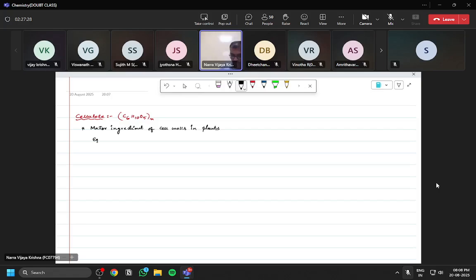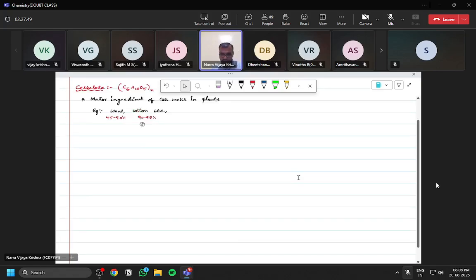Examples: wood, cotton, etc. Wood is approximately 45 to 50% cellulose. Cotton is approximately 90 to 95% cellulose. So it is the major ingredient in cell walls.